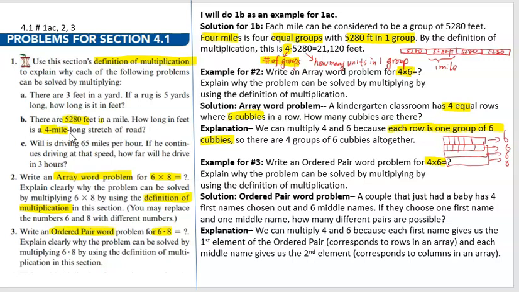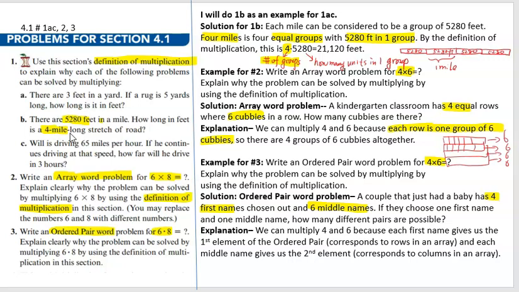So this is kind of like bread and cheese to make a sandwich, or shirt and pants to make an outfit. So here we have first name and middle name to make a name. In this case, 4 first names, 6 middle names, so we do 4 times 6.